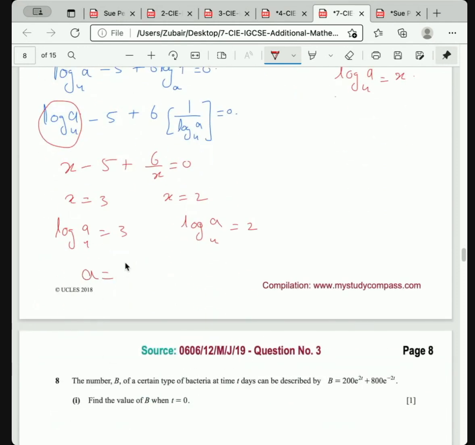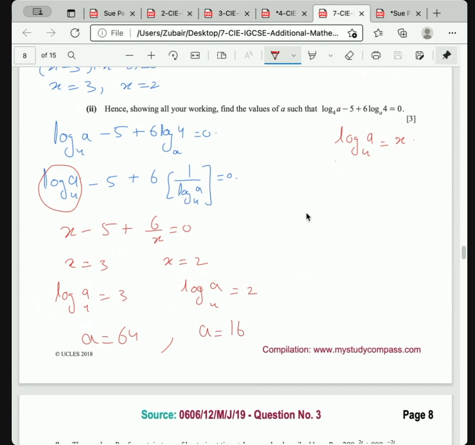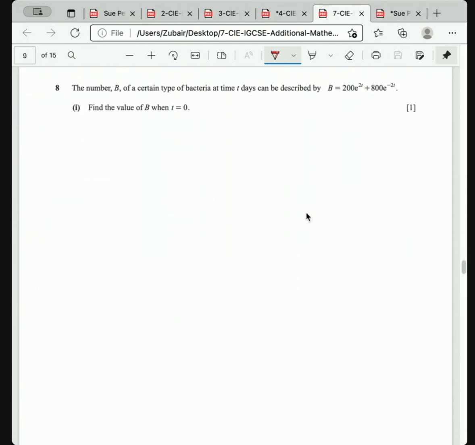4 cubed is 64 and 4 squared is 16. So a is either 64 or 16. Question 8. The number B of a certain type of bacteria at time t days can be described by this.